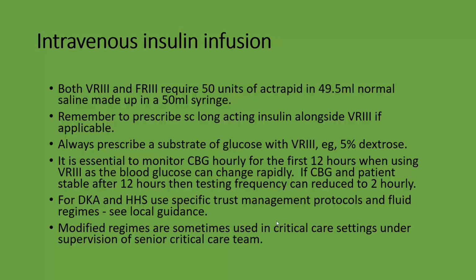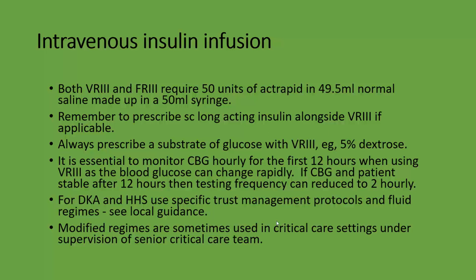You would always mix the insulin in a 50 milliliter syringe with 49.5 ml of normal saline and 50 units of insulin. Then adjust your infusion rate according to the guideline.